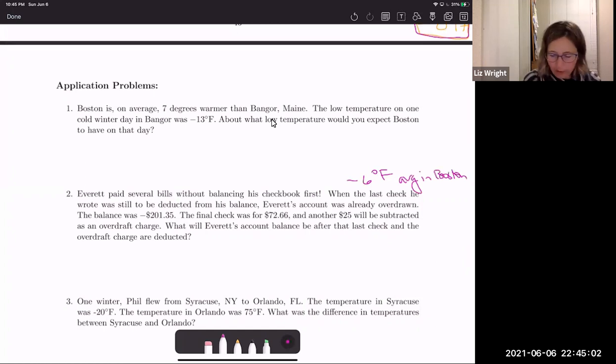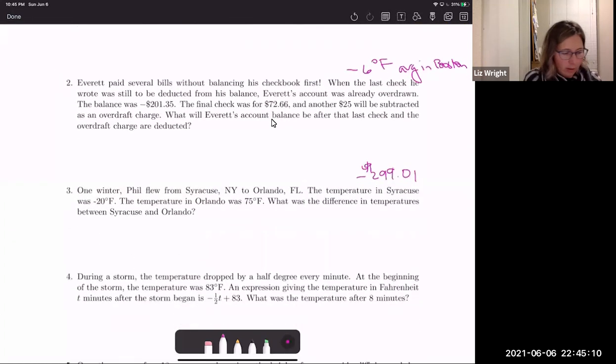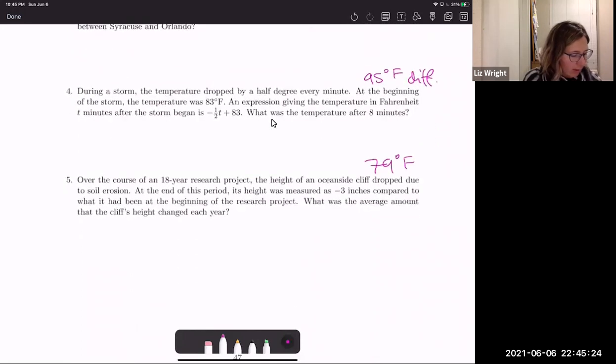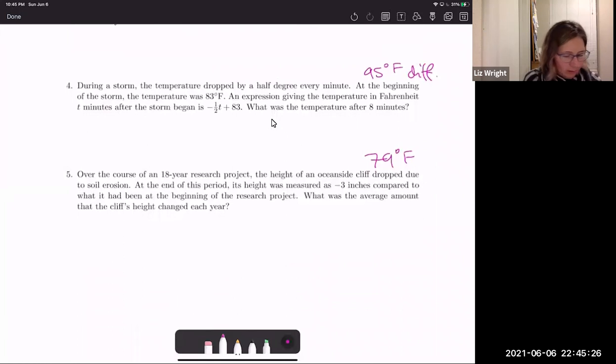And then this next one is negative 299.01. And that's dollars. Don't forget your label. Our next one is a 95 degree Fahrenheit difference. The next one is 79 degrees Fahrenheit. And then our last one, you have a couple of ways you could express your answer.